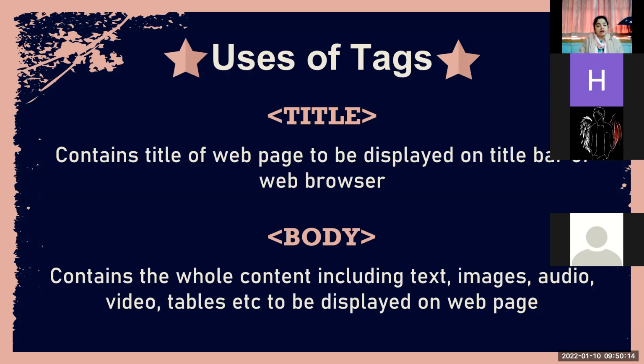Head tag to define the header information that is not displayed on the web page. Title tag, it will have the title of the web page that is used to display the text on the title bar of the web browser. Body tag that will contain the whole content of the web page. Clear till now?